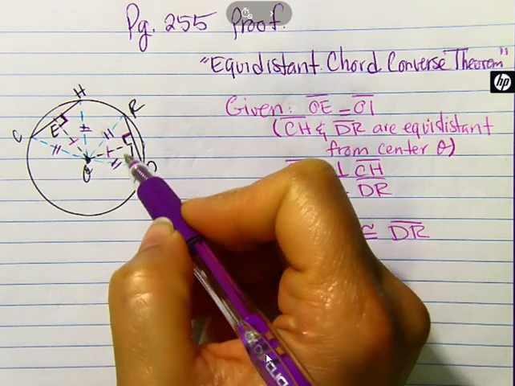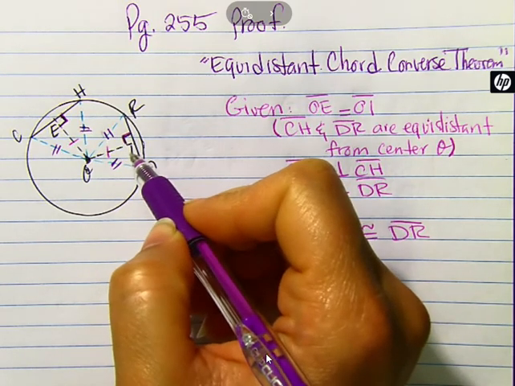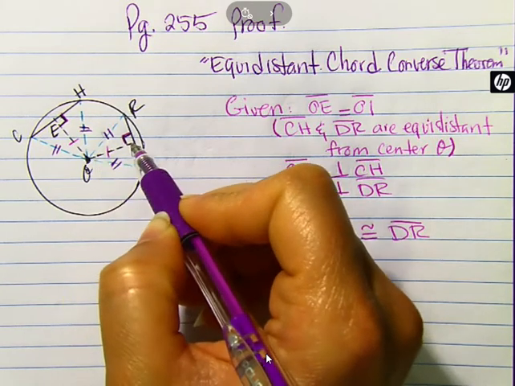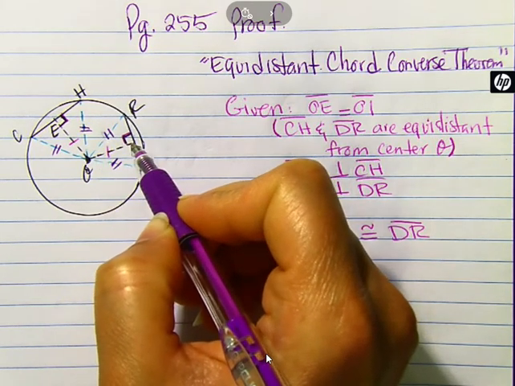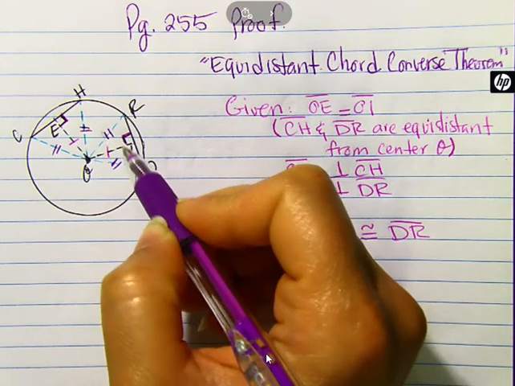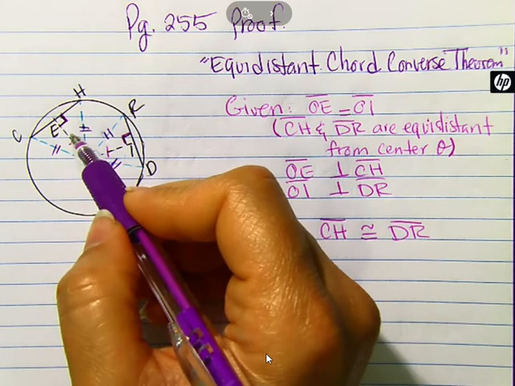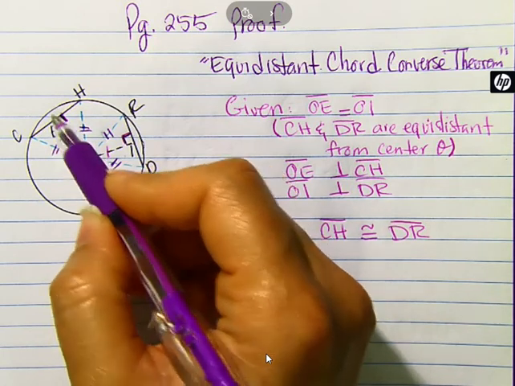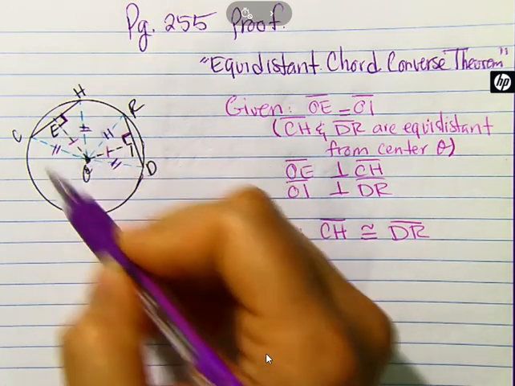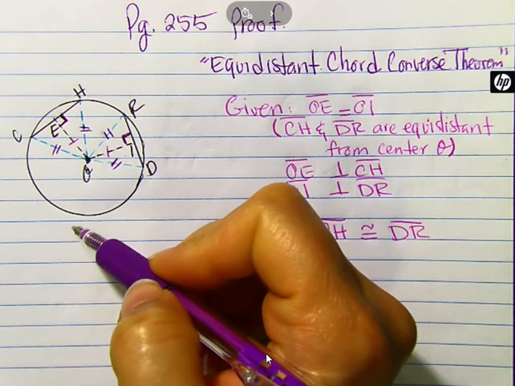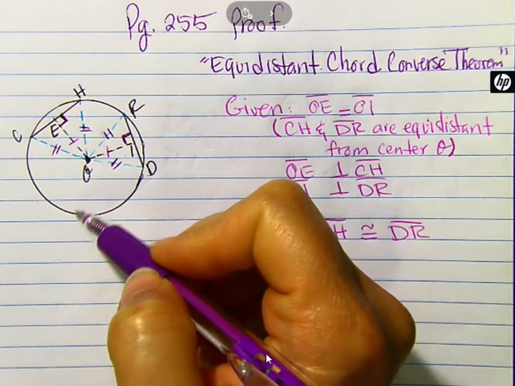The reason being is that they are both right triangles that have congruent hypotenuse measures and a leg that's congruent to itself by the reflexive property. So by the HL congruence theorem, these two triangles are congruent. I'm going to use the same exact theorem to say that triangle EOH and EOC are also congruent because of the HL congruence theorem in right triangles.